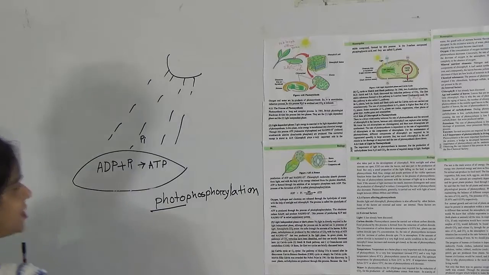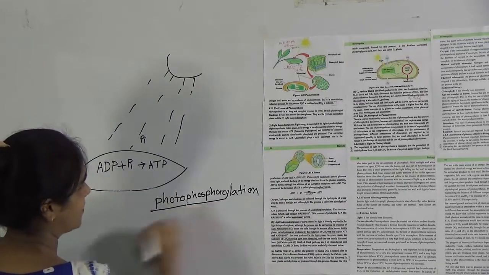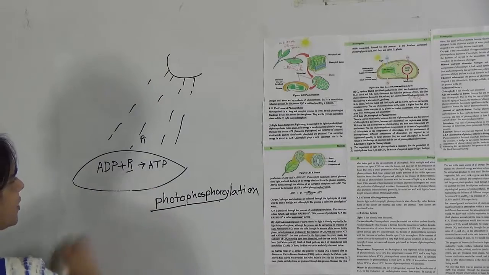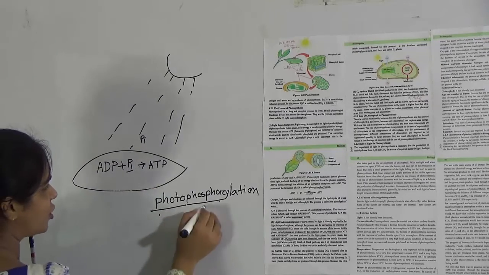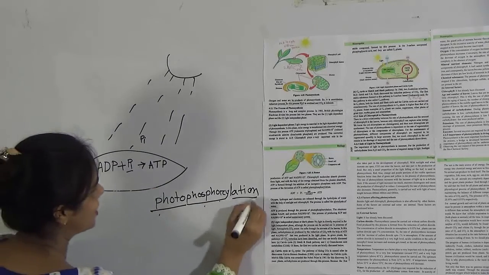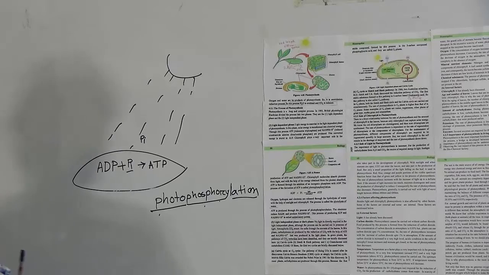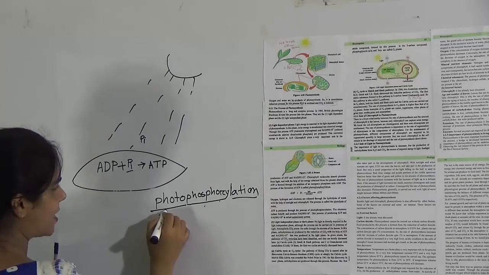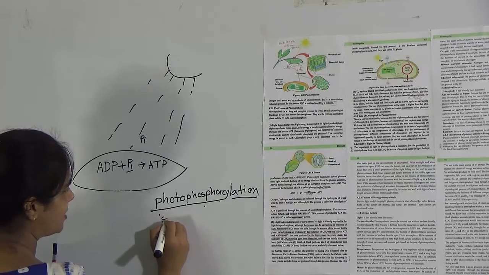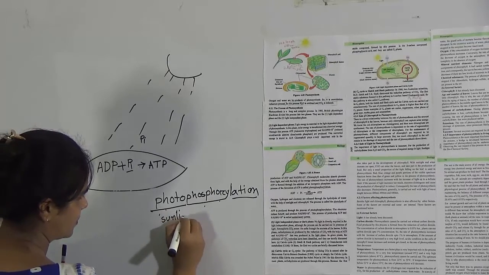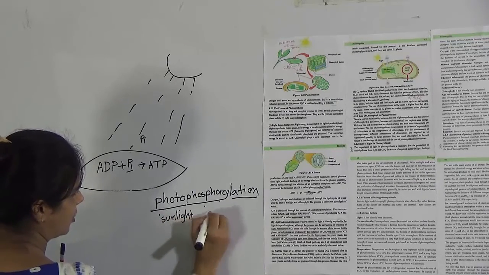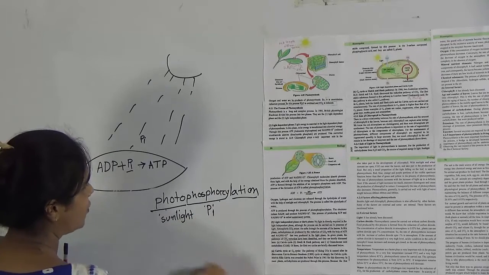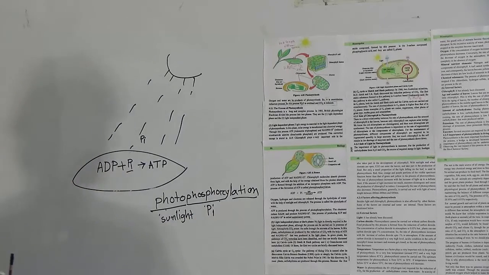Photo means light, phosphor means inorganic phosphate, and lysis means joining, adding something. That means the inorganic phosphate from the sunlight joins with ADP and turns into ATP.